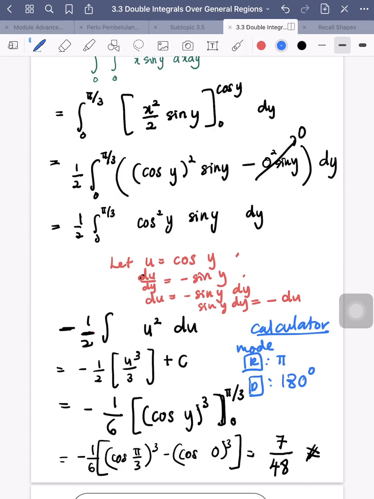Some limits might not be related to pi, let's say integrate 1 until 2. Which mode do I have to use? You just use mode radian. In advanced calculus, we normally use mode radian, so consider mode radian when you calculate double integrals, triple integrals, or anything in advanced calculus.